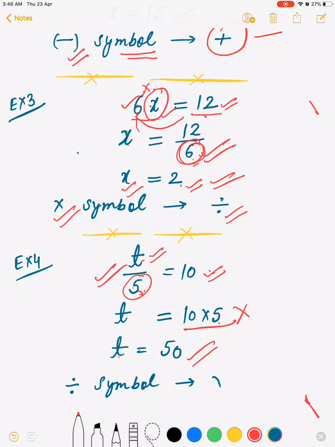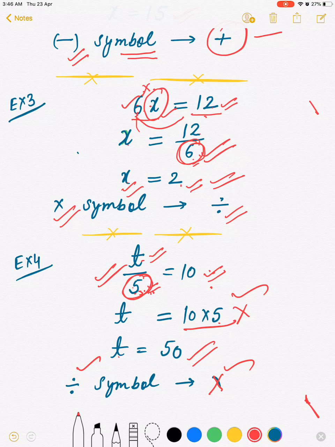So what we have observed is that when a number in division on the left hand side is transposed to the other side, it turns into multiplication. This 5 was in division, now it has changed into multiplication and the answer has come as 50.